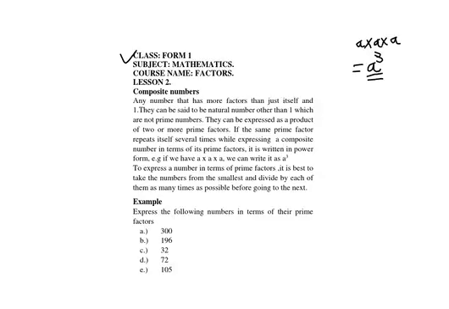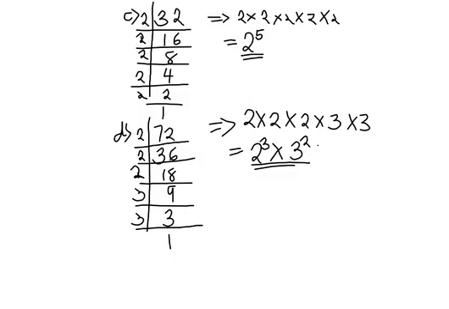And lastly, we have part E, 105. To express this in terms of its prime factors, we start with the smallest prime factor, and 2 cannot be divided into 105, so we start with 3, which will give us 35. 35 cannot be divided by 3, so we go to the next prime factor, which is 5.